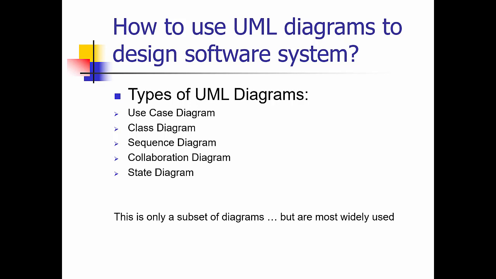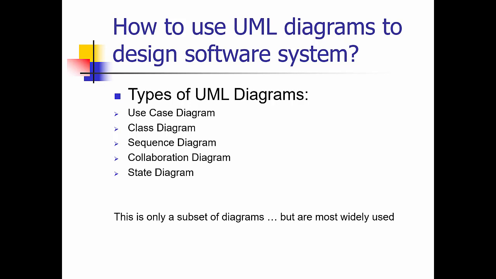So let's begin to discuss individual UML diagrams and look at each one carefully, including all the elements of the diagram. Now, we're going to predominantly worry about these 5 types of diagrams.